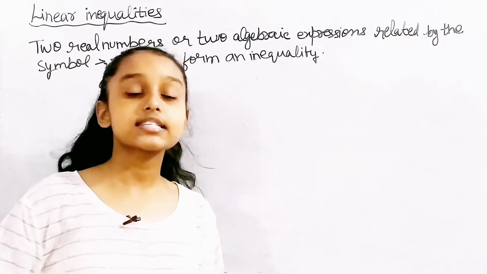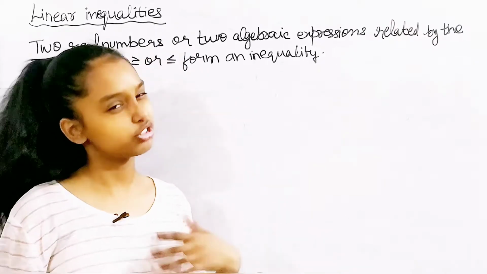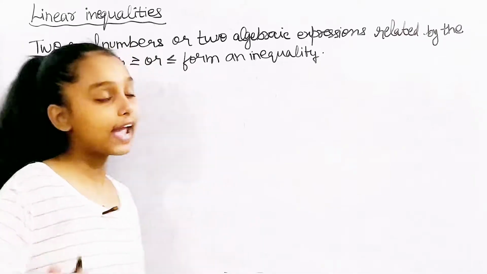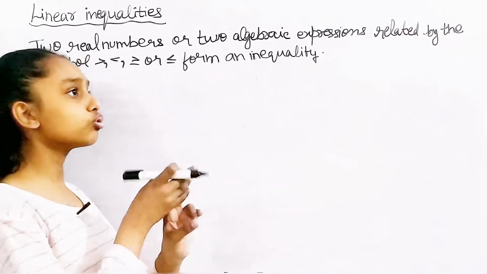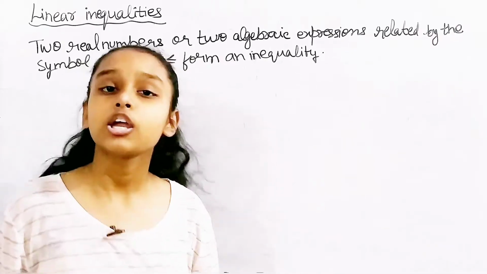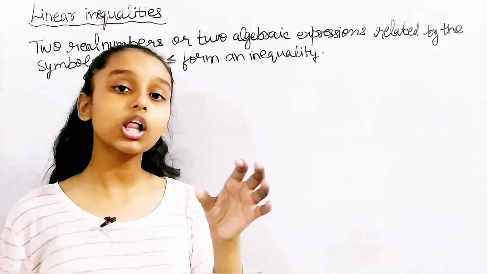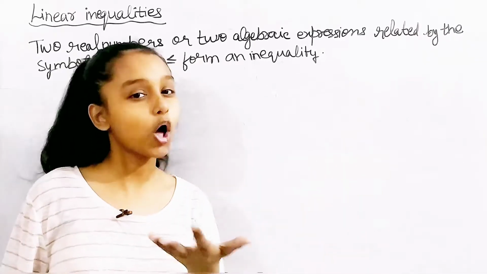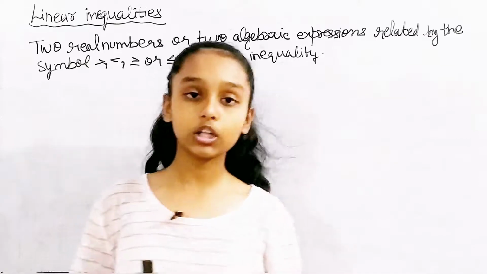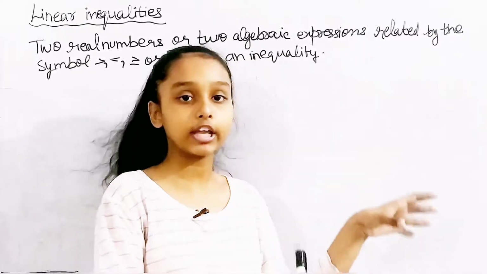Let's discuss these two, and after that we'll move on to the next topic. These two topics are really easy to understand, and I hope you're already familiar with them. This numeral inequality is just related to numbers, right?